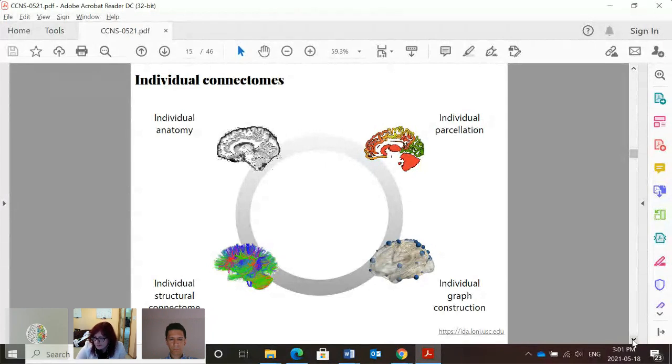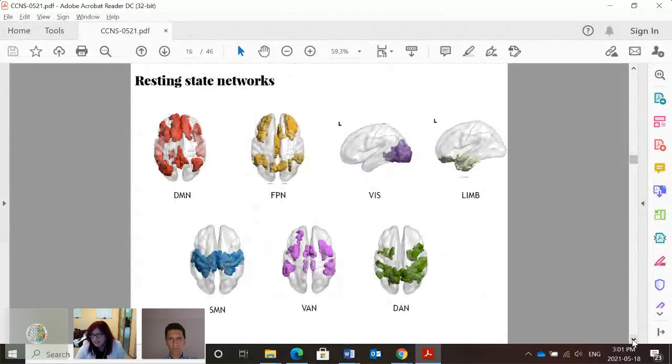Next slide. Thanks. For the cortical regions of interest, we use the Schaefer Atlas of 200 parcels. This distinguishes 7 functional subnetworks that you're looking at: default mode network, frontal parietal, visual, limbic, sensory motor, ventral attention, and dorsal attention network. We mapped this to individuals' FreeSurfer parcellations using spherical registration to get something highly individualized.